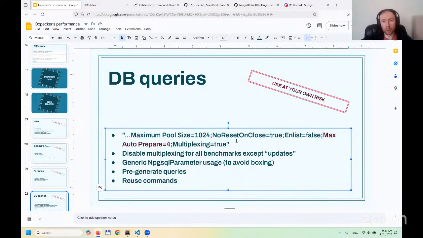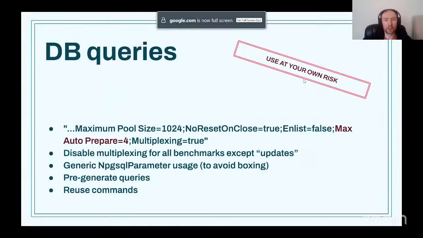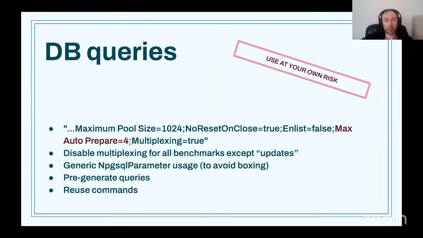I tried to do manual preparation for this benchmark, but it didn't give any improvements, so I just kept it on auto prepare. And the nice thing is that when you do manual query preparation, meaning just writing Prepare in your code, you can't use that with multiplexing. When you use them in the connection string like that, both auto preparation and multiplexing work well together, which I used as well.